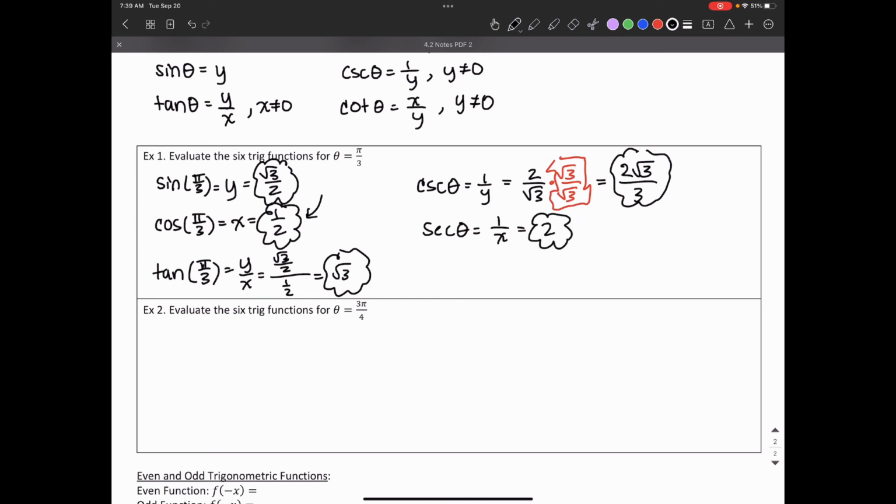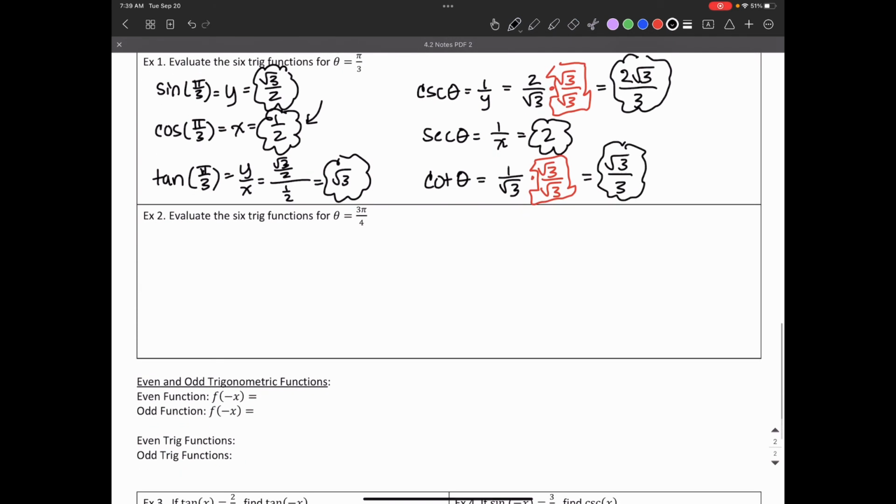And then for cotangent, I'm just doing the opposite of the square root of 3, so I'm going to have 1 over the square root of 3, which I have to rationalize by multiplying by the square root of 3 over the square root of 3. And so I get the square root of 3 over 3. And then evaluate the 6 trig functions for 3 pi over 4.